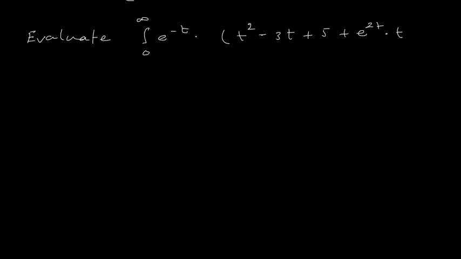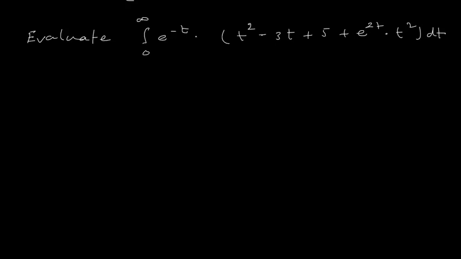The problem is evaluate the integral from zero to infinity of e power minus t into (t square minus 3t plus 5 plus e power 2t into t square) dt. Okay, so we have to evaluate this part.